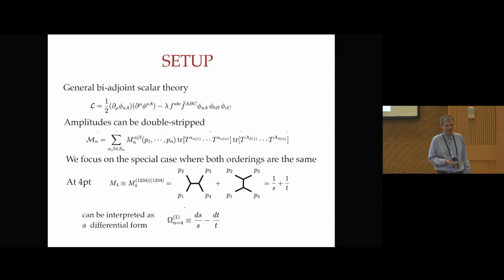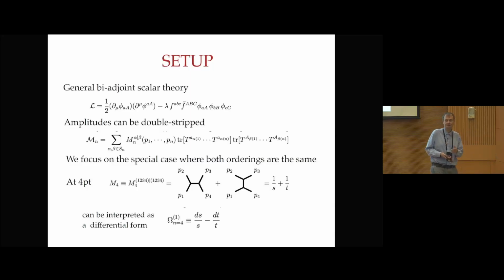interaction term. The amplitude can be organized using two different orderings because there are two different group structures here. So we can do two different trace strippings of the amplitude, and there are two orderings. For our case, we actually focus on the situation when both orderings are the same. So we actually get only one ordering.